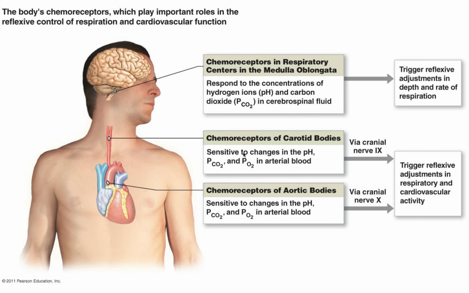There are also chemoreceptors in our blood vessels and in the heart, monitoring the pH, the carbon dioxide, and the oxygen levels in the blood. And again, if carbon dioxide gets too high, we stimulate the sympathetic nervous system to increase our breathing rate. If carbon dioxide gets too low, that can also be a problem, so we would stimulate the parasympathetic nervous system and slow down our breathing rate and allow carbon dioxide to build up again.